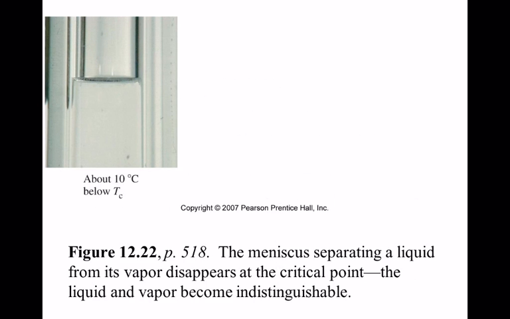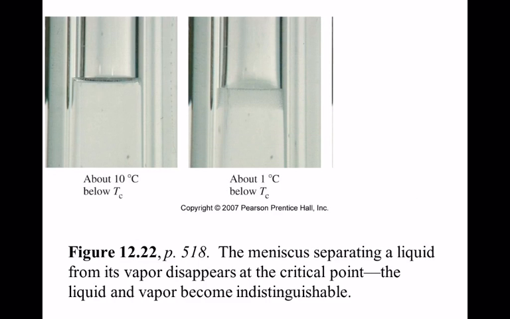I don't know what this substance is, maybe water, but we have liquid and we have gas, and this is the closed system. It says it's 10 degrees below the critical temperature. We're going to heat it up, and you see that separation between the liquid and the gas getting fuzzy about 1 degree below the critical temperature.